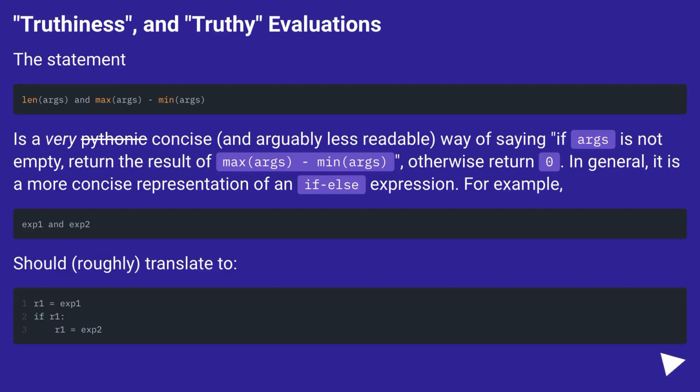Truthiness and truthy evaluations. The statement is a very concise and arguably less readable way of saying: if args is not empty, return the result of max args, min args, otherwise return 0. In general, it is a more concise representation of an if-else expression.